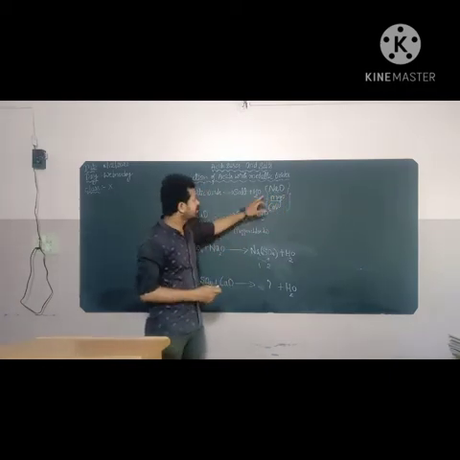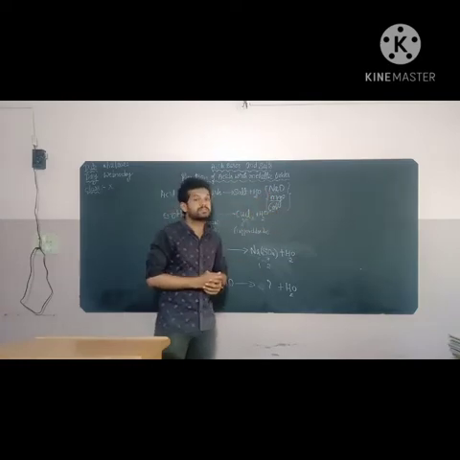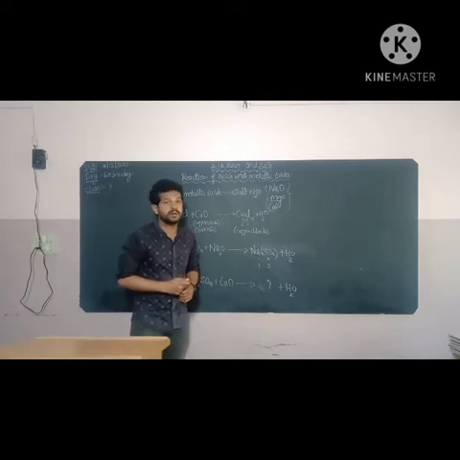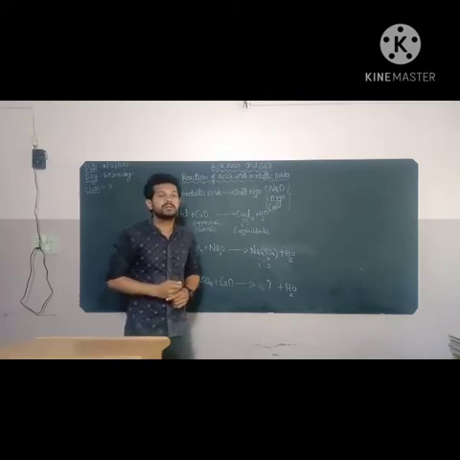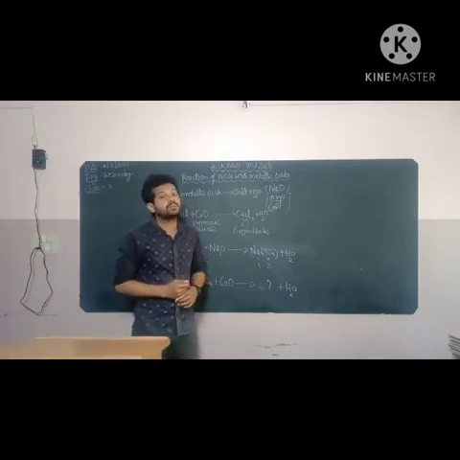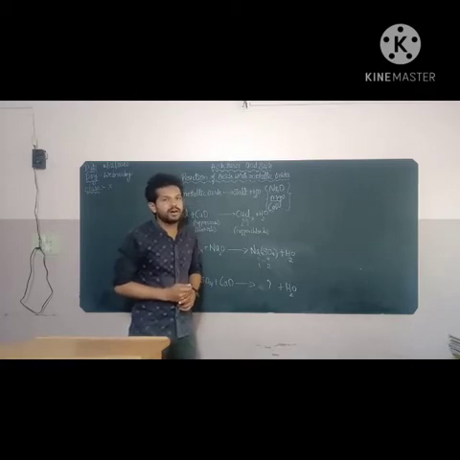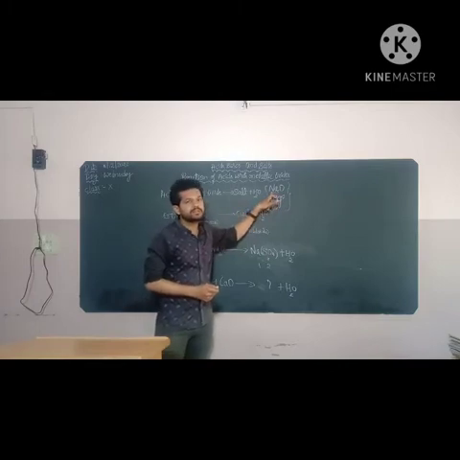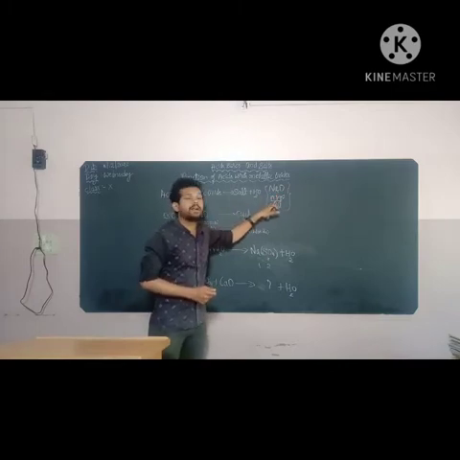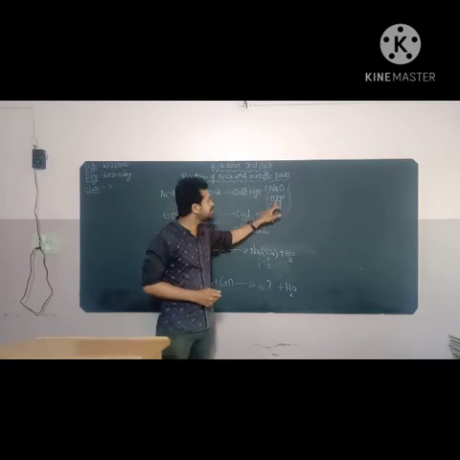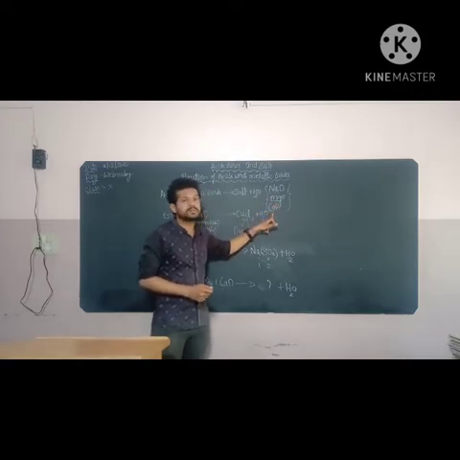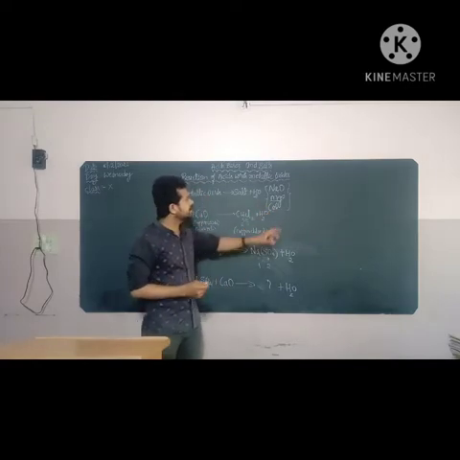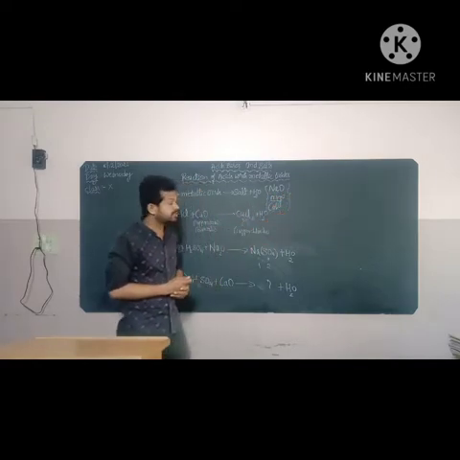How should you know sodium, magnesium, calcium are metals? I already told in my previous class that in the periodic table, group number 1 to group number 12 are metals. Sodium comes in group 1, magnesium is in group 2, and calcium comes under group 2. So these are the metals, and here we have oxygen.